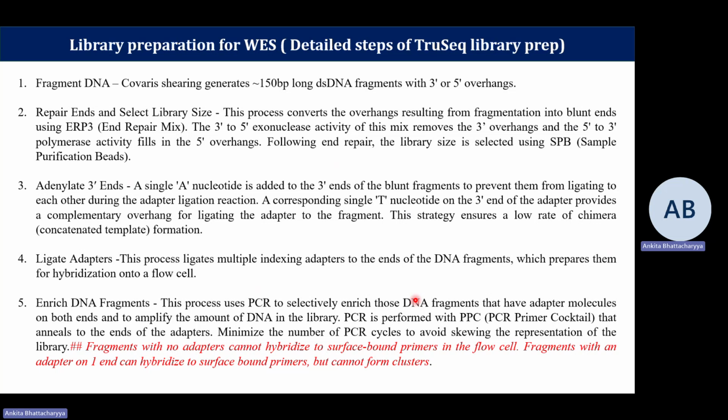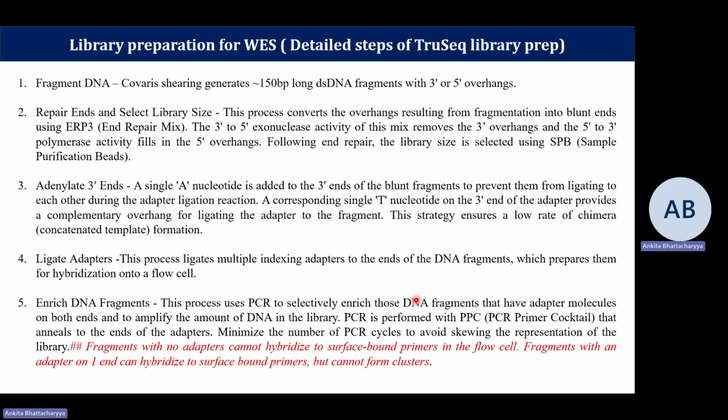PCR is performed with a PCR primer cocktail that anneals to the ends of these adapters, and you minimize the number of cycles so that you don't misrepresent the library in any manner. This is again a very crucial step, and how the companies control it is not something we are discussing today. And a lot of that information is actually not available.